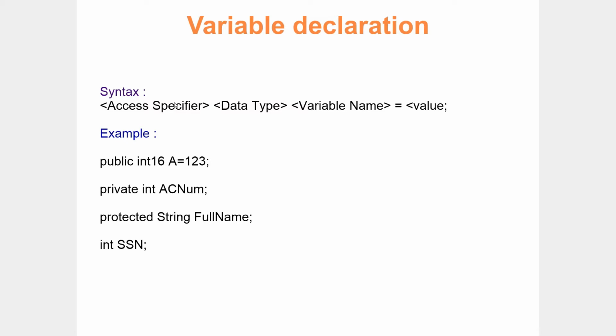Based on your requirement, you'll have to define the scope of your data. You should tell the system whether a particular variable should be accessible to only your class or outside of the class, within the assembly, or outside of the assembly. That kind of scope should be defined at the programming level.